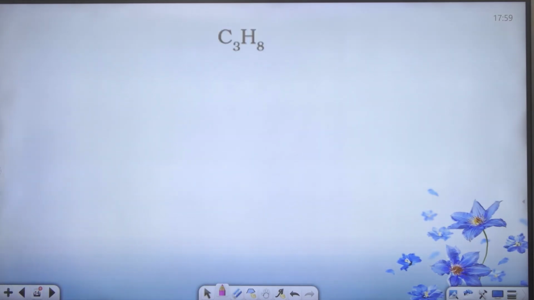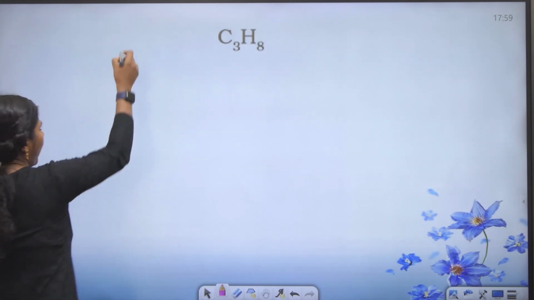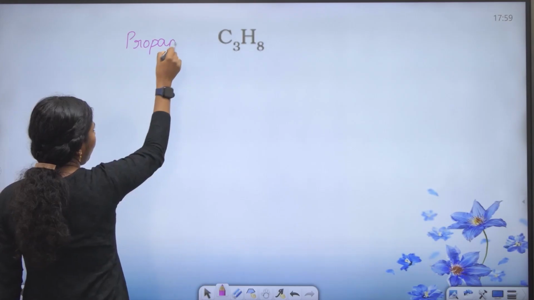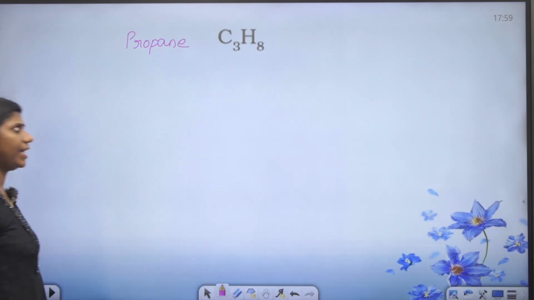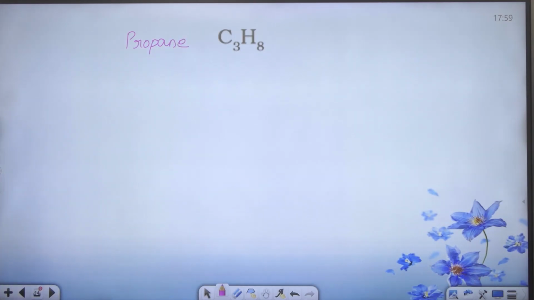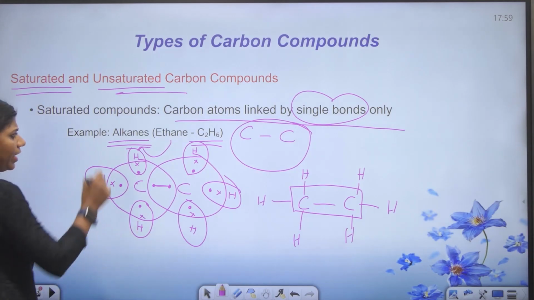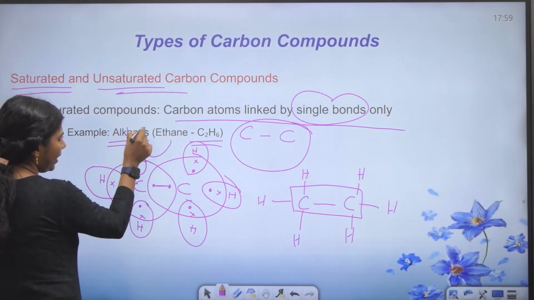Next, C3H8. C3H8 is propane. The molecular formula of propane is C3H8. Propane is also an alkane. The name of an alkane ends with -ane.